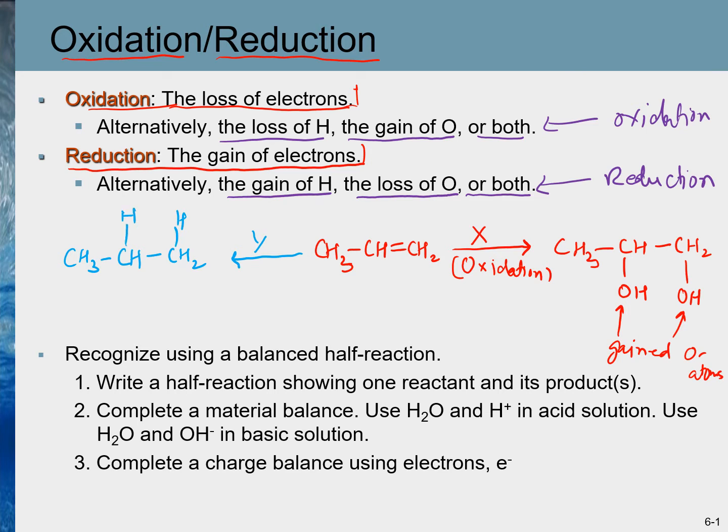Okay. So now in this case, you can see that we have gained hydrogen, and the gain of hydrogen is a reduction. So this is an example of a reduction reaction.